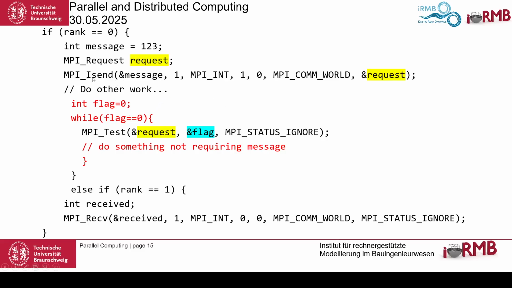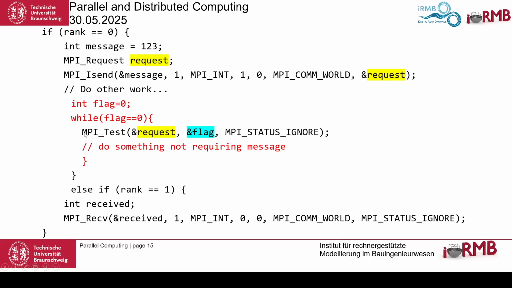So you do some sending, you do some work, and then, for example, you could say, while this flag is equal to 0, you test it, you do some work, and then you test it again.